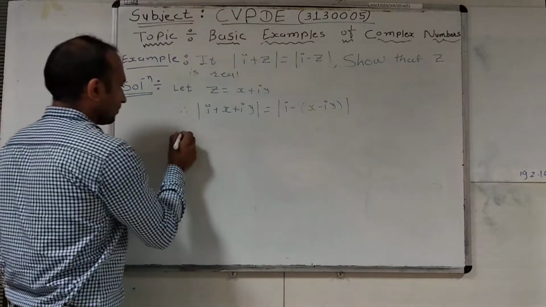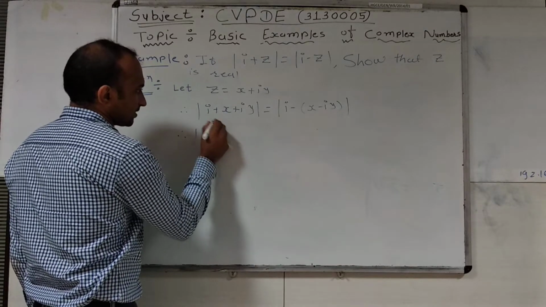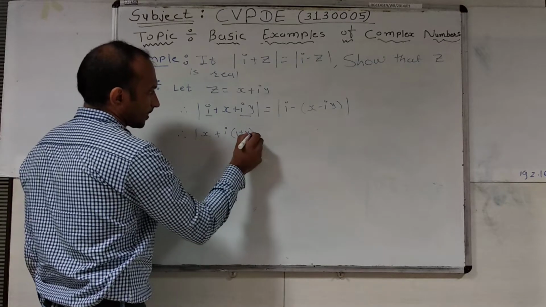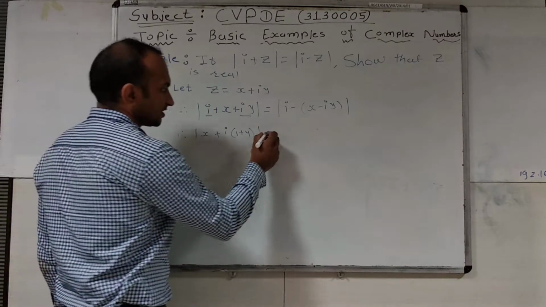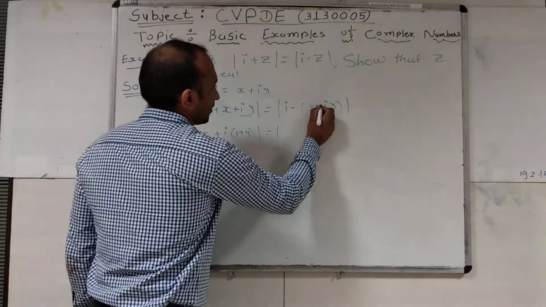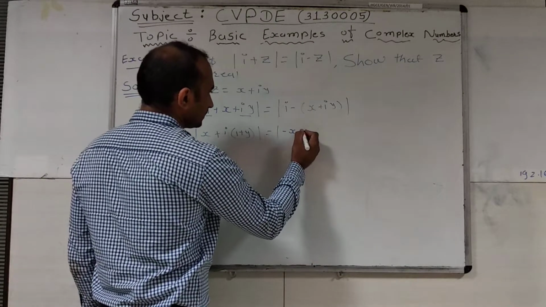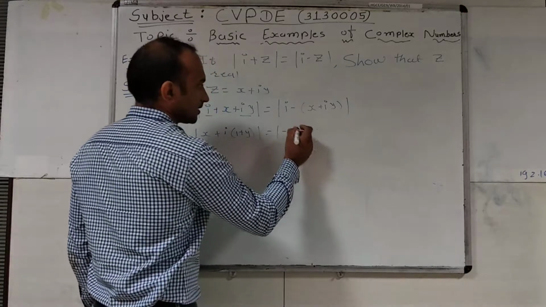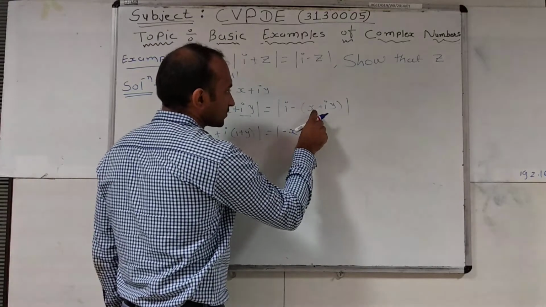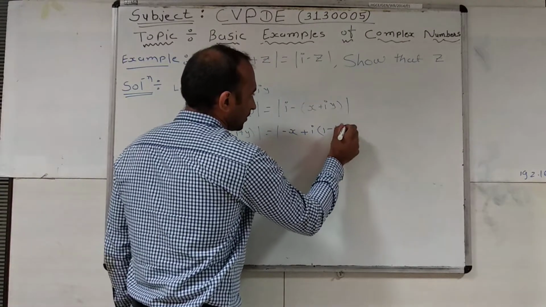So now mod of x plus, in this i is common, so 1 plus y. This equals, similarly, multiplying inside, minus x plus i, in these two terms i is common, but here minus, so 1 minus y.